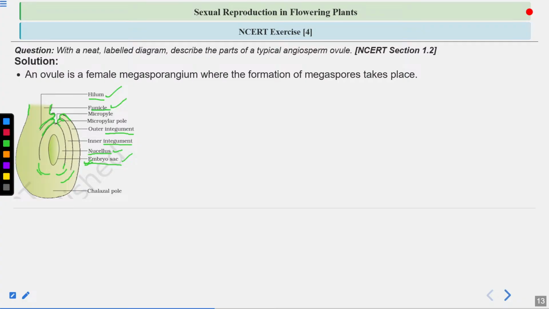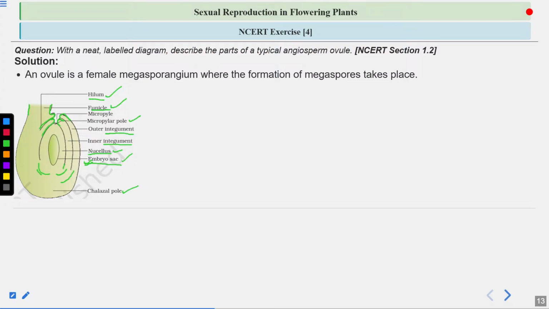Now here you can see the micropylar pole and chalazal pole. Micropylar pole and chalazal pole are there, right? At the chalazal pole, you can see the integument starts to divide and moves towards the nucellus side, right? And at the micropylar pole, how is this pole formed? This pole is formed by the integument. The integument from both sides unites, but at one particular point, they do not get joined.